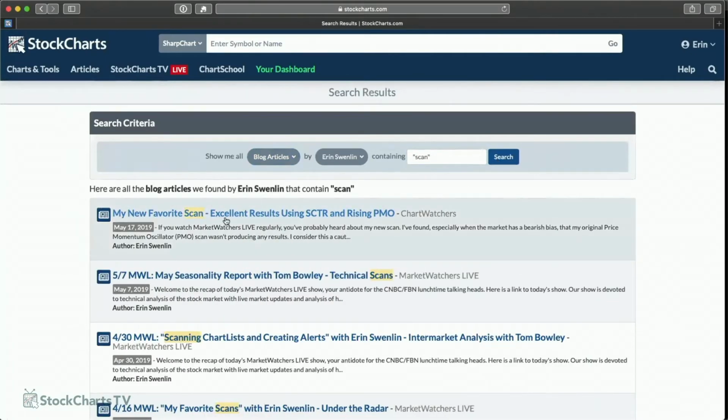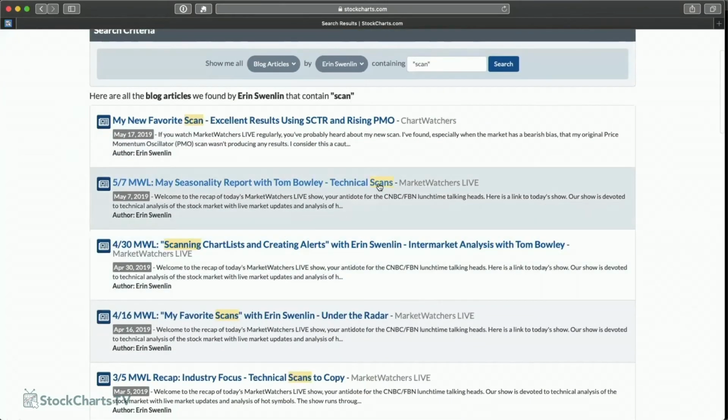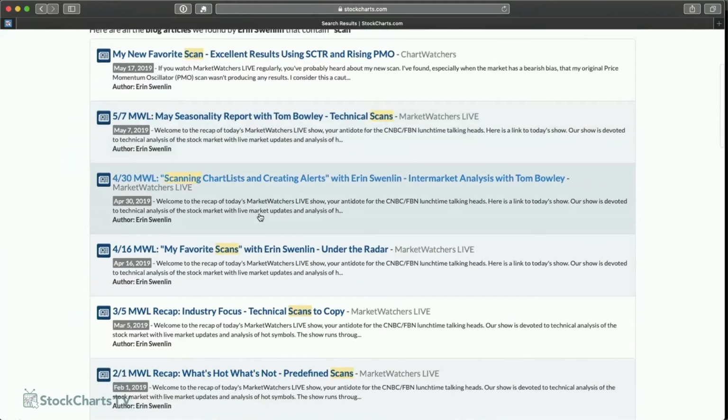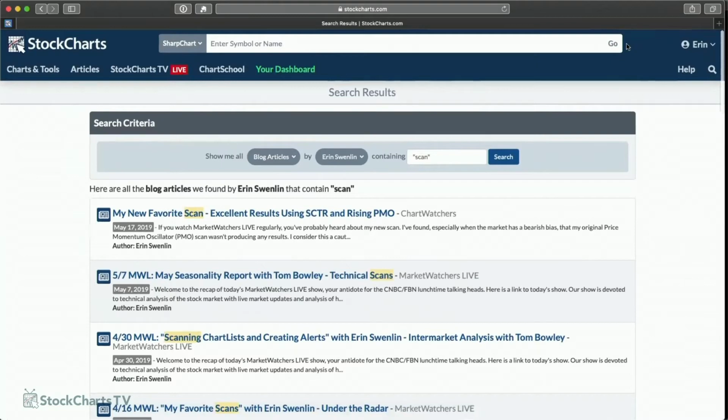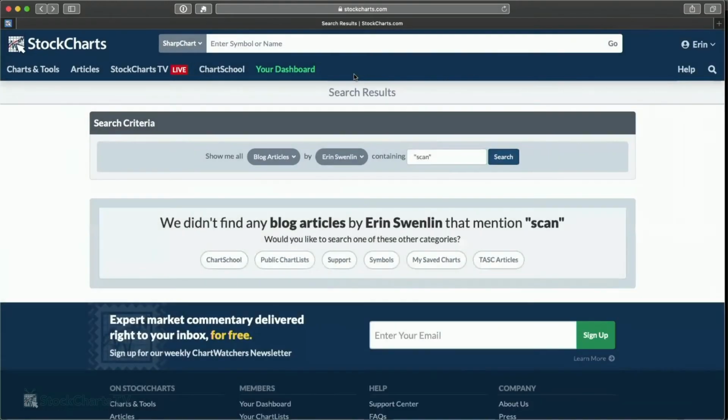There we go. So here's that article I just wrote. There are the technical scans that I do a lot of times on our show. You can go back and find the show I did it for and watch it. And I just have a bunch of different scanning in there. So enjoy that. But let's go back to what we were doing.